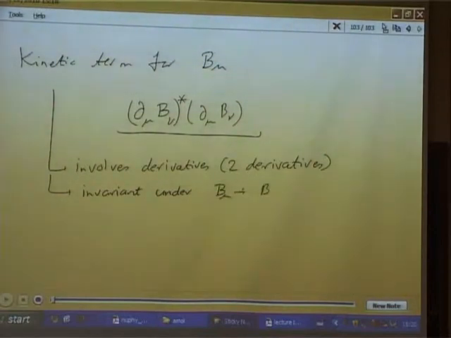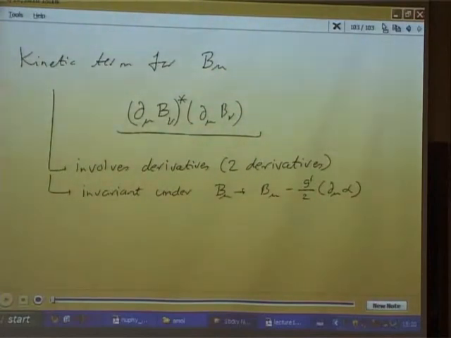So B mu will go to B mu minus g prime by 2 times the derivative of alpha, and this is required. So the way to do this is some kind of cancellation. Some terms come with a plus sign, some come with a minus sign, and so on.